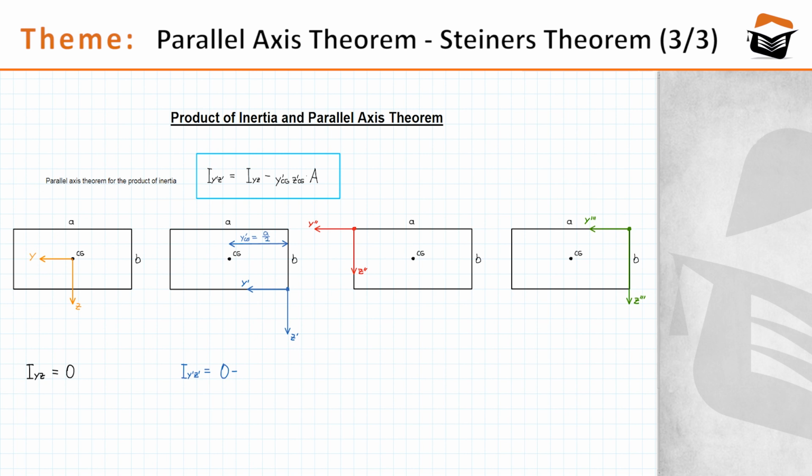And you can see that since a is the length of the whole rectangle, the distance between the edge and the centroid is just a half. And z sub cg prime, that is the distance between the centroid and the origin of the reference coordinate system along the z prime axis.